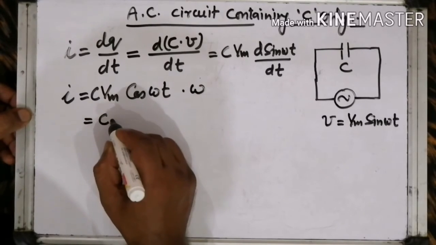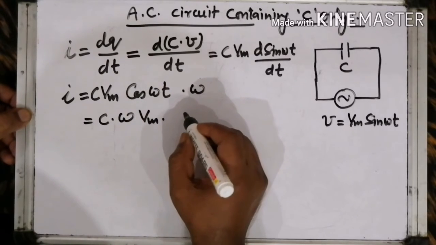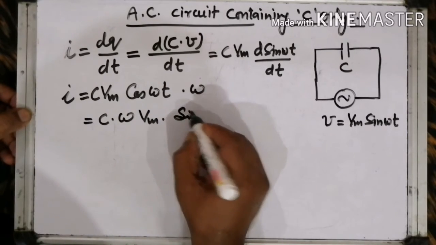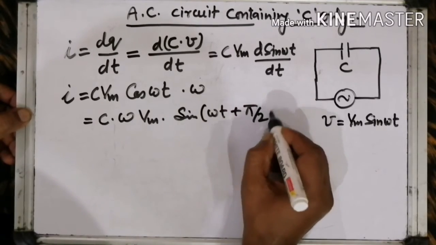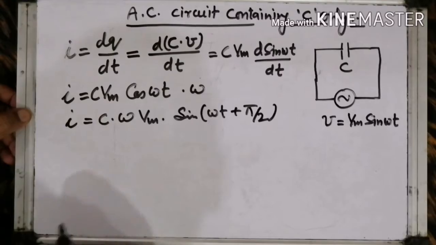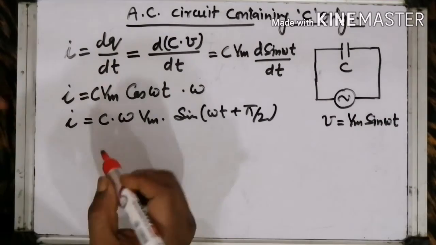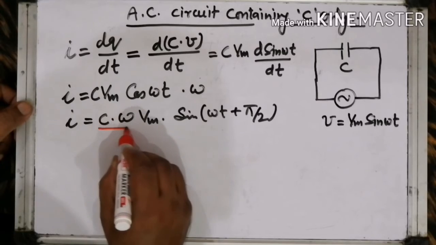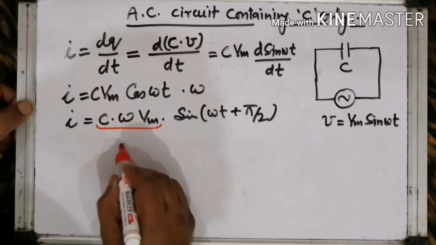It becomes C omega V maximum into sin omega t plus pi by 2, right? And this portion, that is V maximum, C and omega, is I maximum.